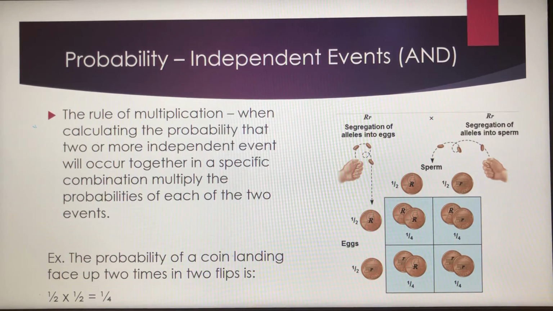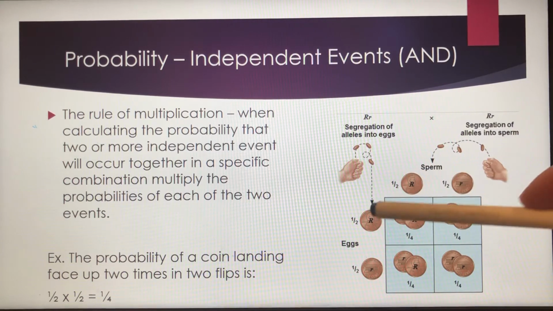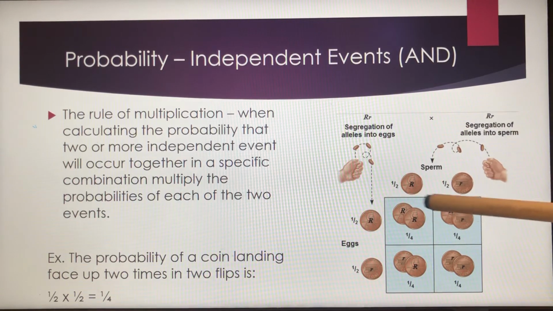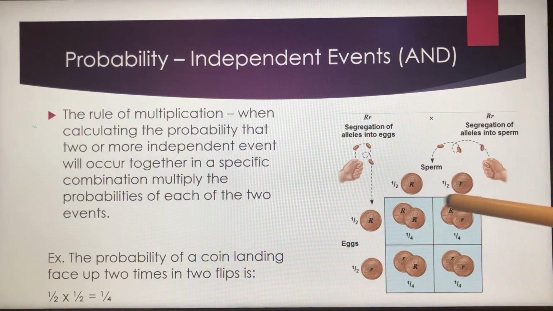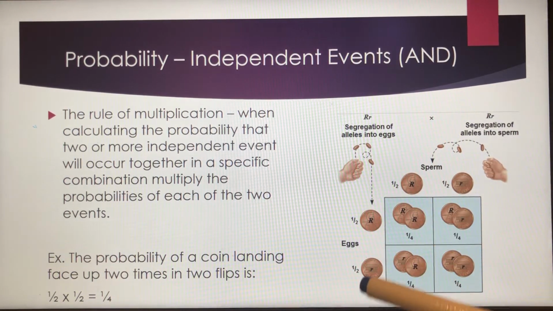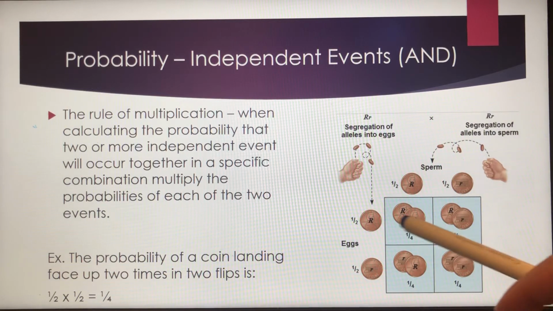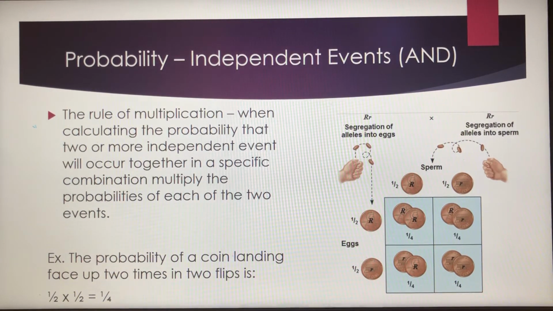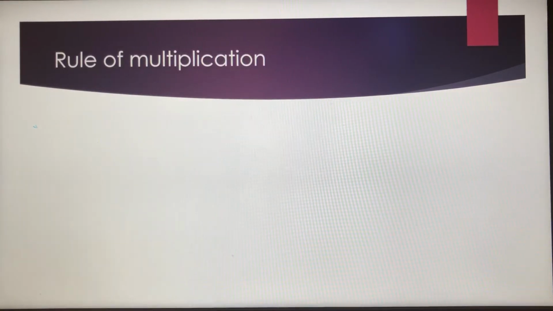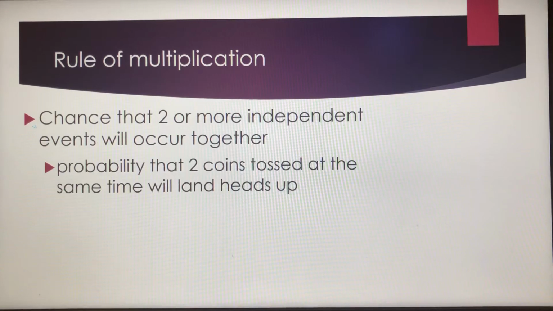Or if we took this as a sperm and an egg, what are the chances that each of these would give a big R? So it's half here and half here. So half times half equals 1/4. And if you look at the Punnett square, you end up with 1/4 of a chance of getting big R, big R.